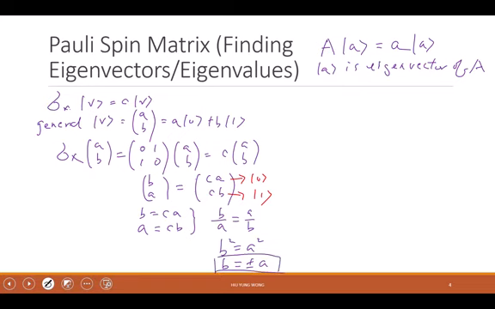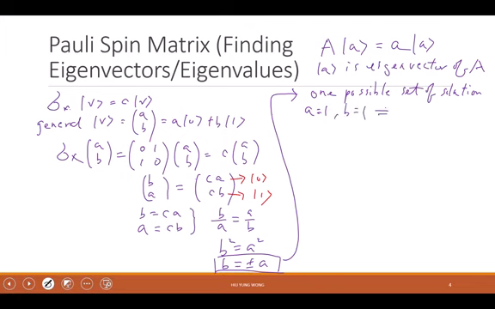So there are many solutions actually. You can have many complex numbers, but one possible set of solution is that I can set a equal to 1 and b equal to 1. This is one set. So the eigenvector is (1, 1).